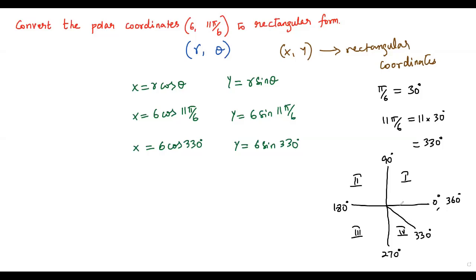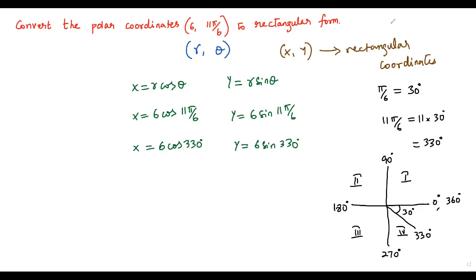The reference angle is the acute angle between the terminal side of 330 degrees and the horizontal axis. Here 30 degrees is the reference angle, because the distance between 330 and 360 degrees is 30 degrees.